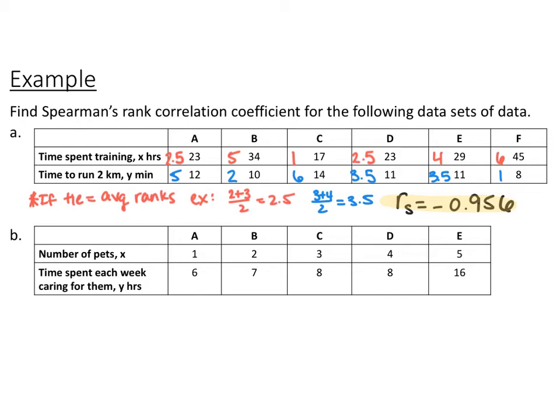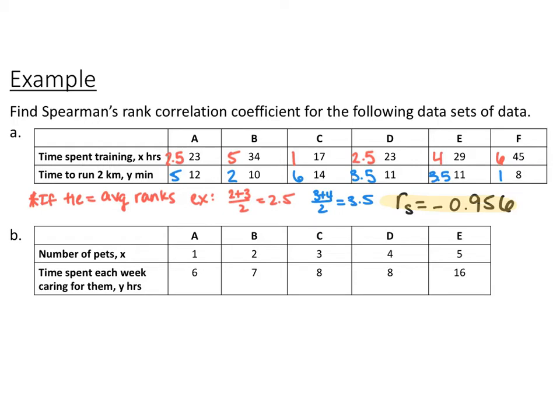So this is how well the rankings of them fit. Since it's pretty close to a -1, that means that it's almost strictly decreasing. So the more time that was spent training means there's a shorter amount of time to run a 2K, which kind of makes sense. So now try the same thing for this next one for B.